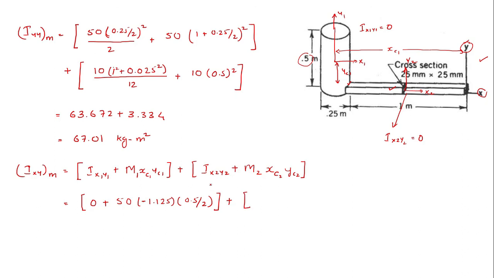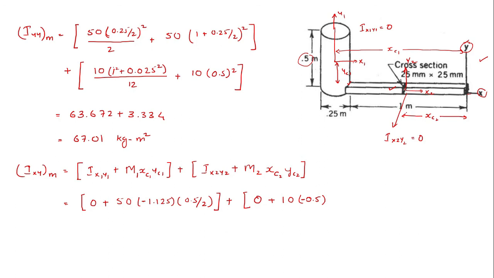Plus, now Ix2y2, the product of inertia, will be equal to 0 plus m2, the mass, it is 10 kg, into xc2 yc2. Now xc2 as such is this distance. Since it is towards left, it is half of this 1 meter, that is minus 0.5 meter multiplied by, now this x is at the bottom of this rod, while this x2 y2 is at the center of this section.